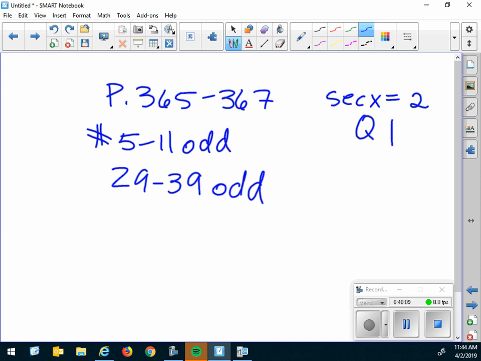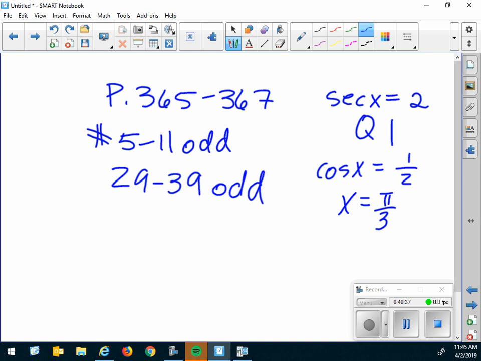Cosine. So if the secant of x is 2, what's the cosine of x? What angle in quadrant 1 has a cosine of a half? Is it pi over 6 or pi over 3? Pi over 3. Yeah. So you'll just say x equals pi over 3. No, that's not very hard.